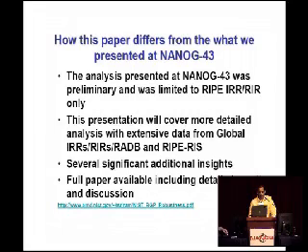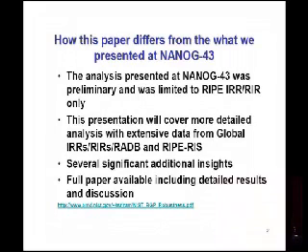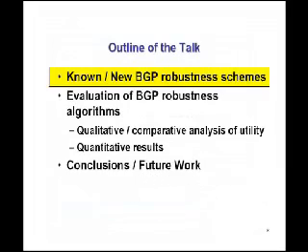Relative to that, this presentation presents a more detailed analysis with extensive data from the global IRRs, RIRs, RADB, and RIPE Atlas. Several significant additional insights have also been developed since then, and a full paper based on this work is available at the link shown on this slide.